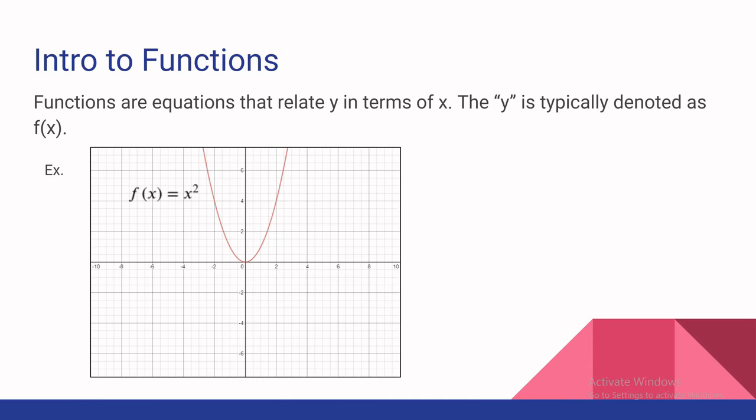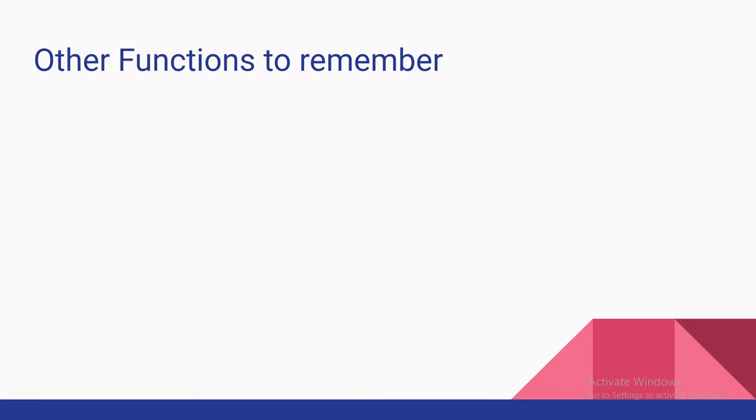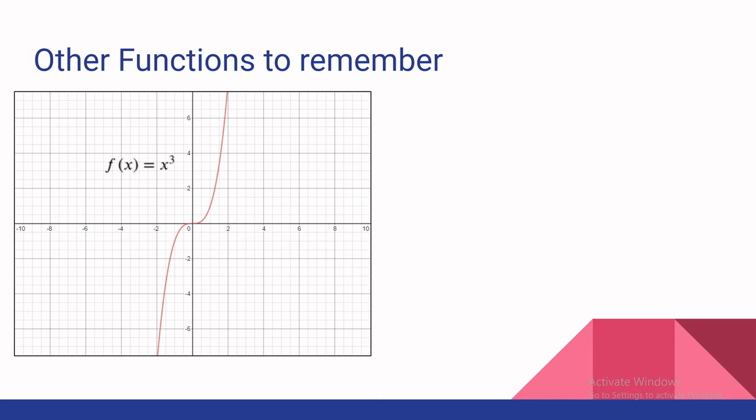There are many of these functions like this, and they are important to remember, so keep in mind of this one. We'll go over a few more functions to remember, the first one being x cubed. The next one, e to the x. And the final one is square root of x. These three functions are good to keep in your mind, even if it's not used in the decathlon.